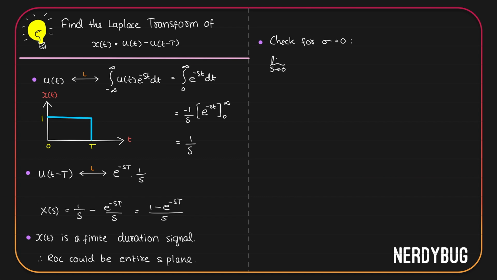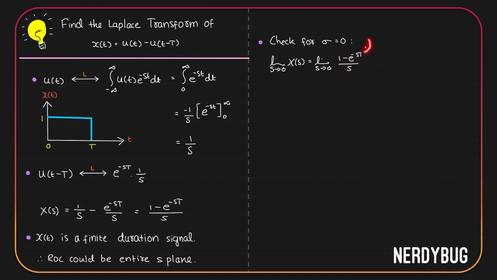Limit s tends to 0, X(s) is limit s tends to 0 of (1 minus e raised to minus st) divided by s. If I give s equal to 0, this is 1 minus e raised to 0 which is 1, divided by s which is 0. So this is of the form 0 by 0, which means we cannot directly apply the limit. We'll have to use L'Hospital rule.